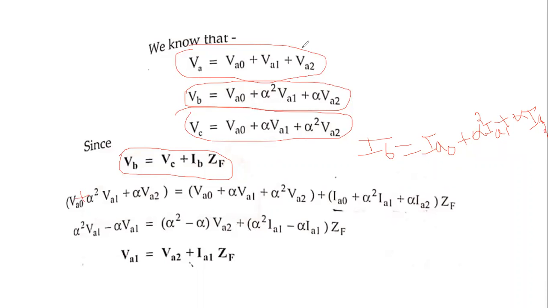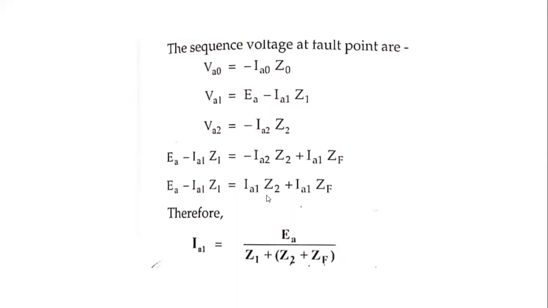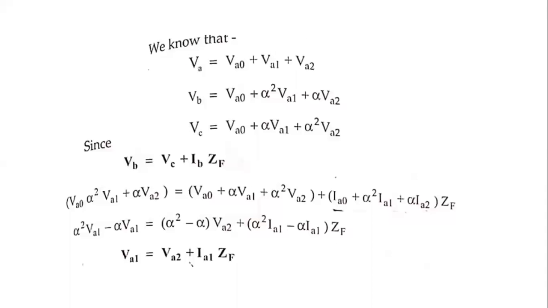Then we write down the formula for VA1. VA1 is equal to VA2 plus IA1 into ZF, where VA2 corresponds to VC and VA1 corresponds to VB.